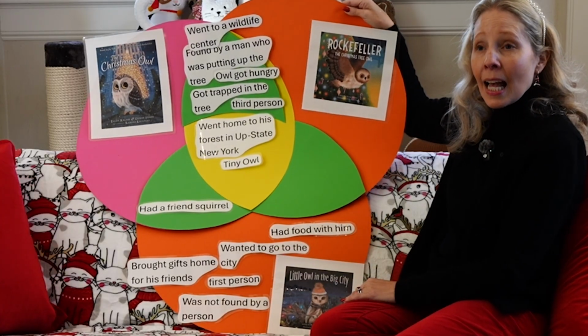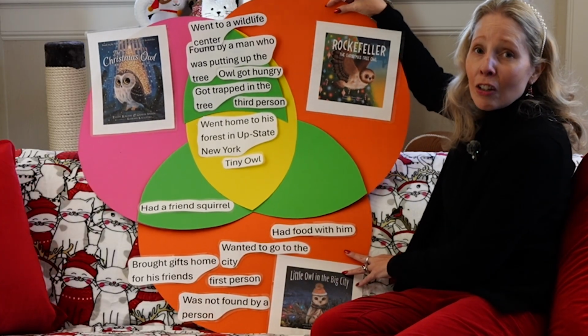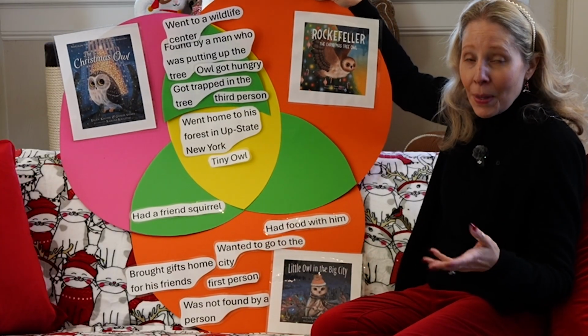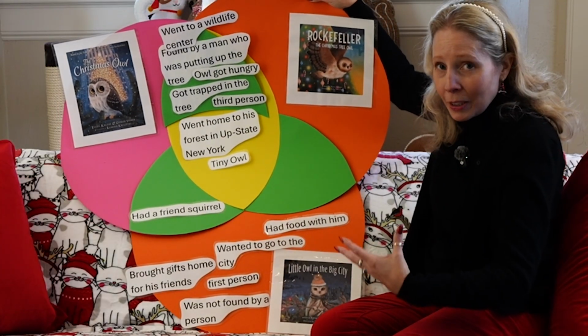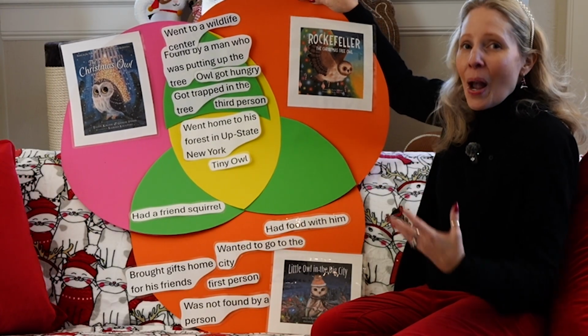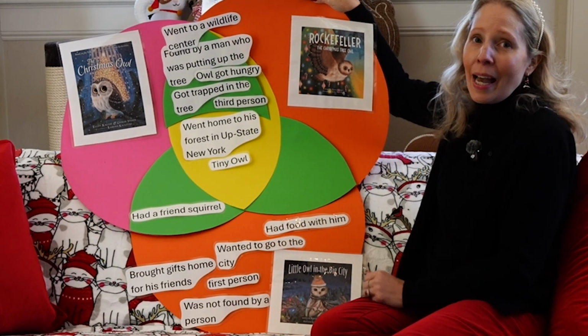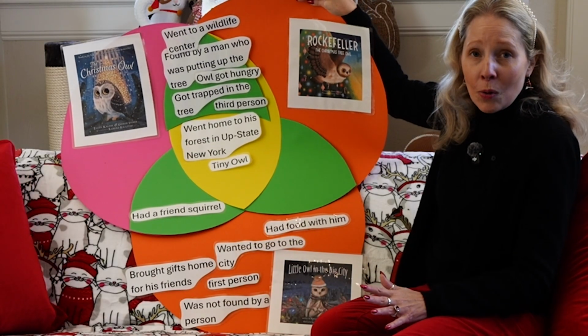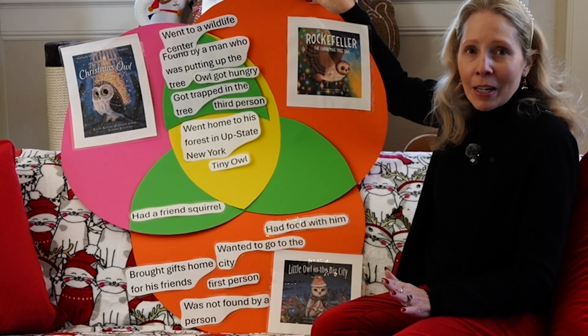And that is a lot more higher level than just telling me what happened in the story. We're taking these multiple texts and we're looking at it from different points of view and different readings and doing that compare and contrast piece there. Great, though, to start even with your pre-readers.